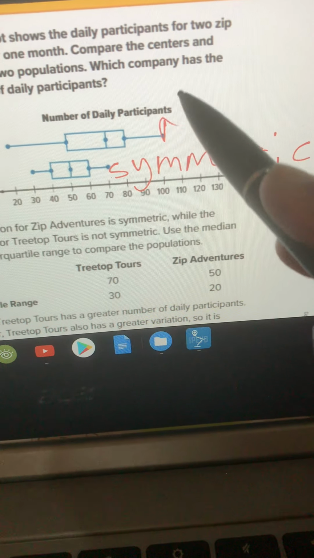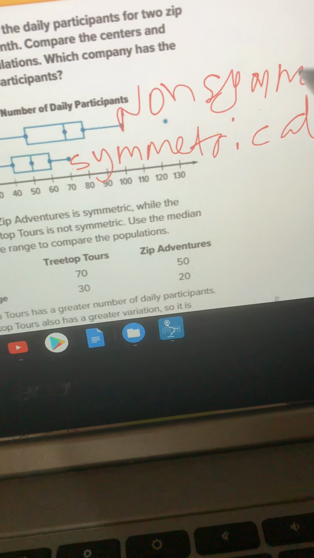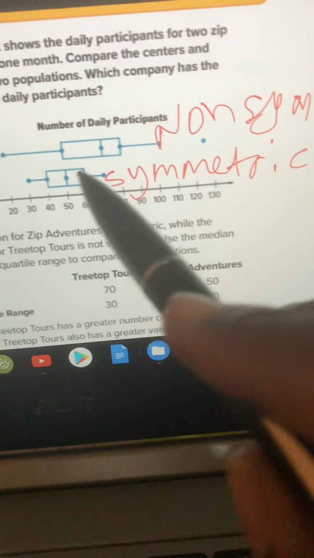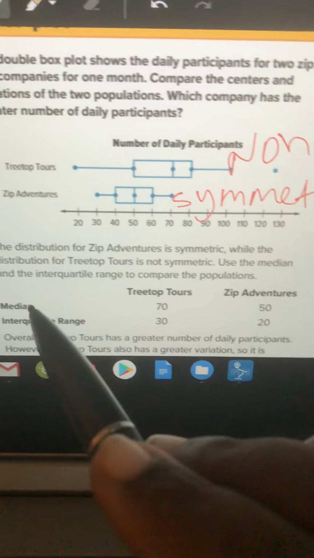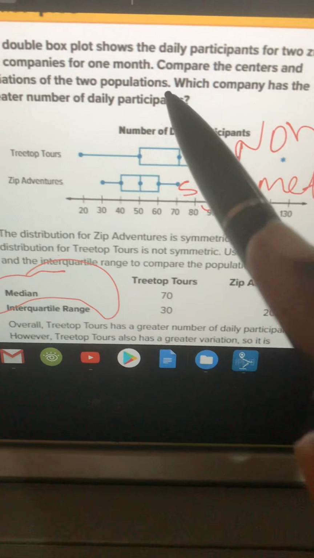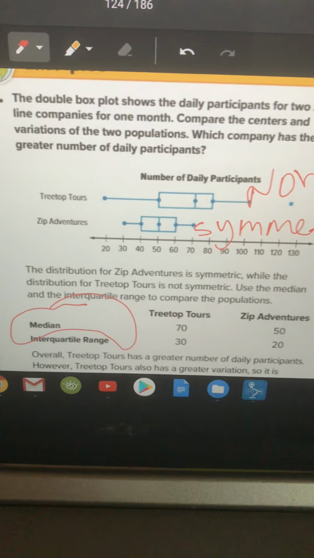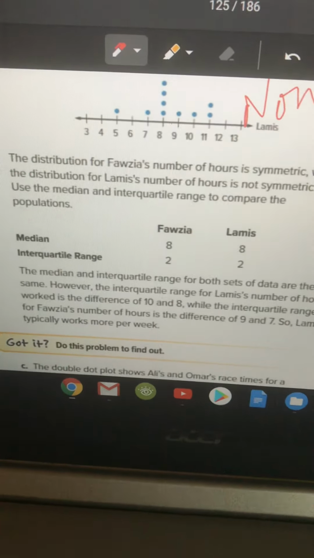And this one is non-symmetrical. And because this one is non-symmetrical, we must do median and interquartile range. Because one of them is non-symmetrical. Okay? So I want us to do example C.